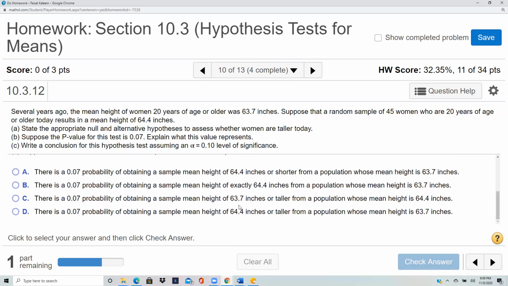So the p-value of 0.07 is the probability of obtaining a sample mean height of 64.4 inches or taller from a population whose mean height was 63.7.